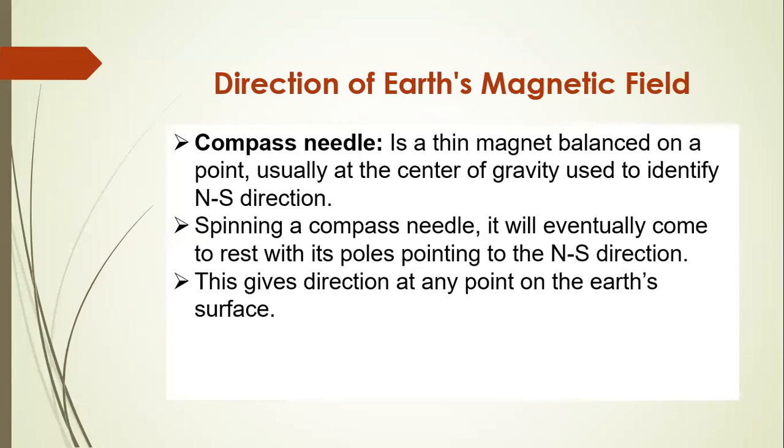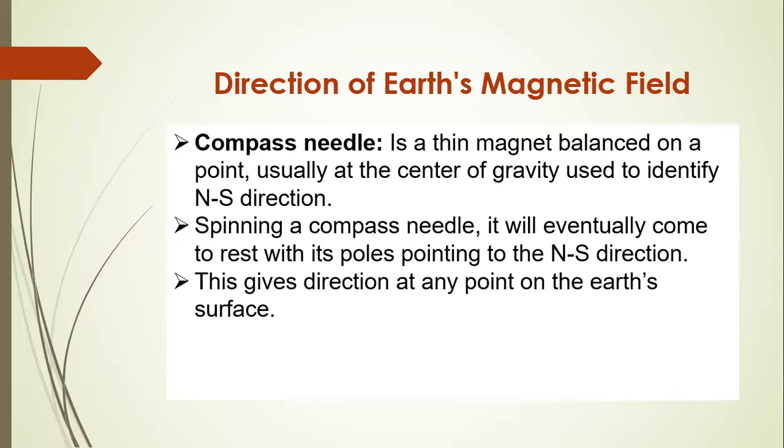Now let's see the direction of Earth's magnetic field. Talking about the direction of Earth's magnetic field, we'll be discussing the compass needle. What is a compass needle? It's a thin magnet balanced on a pointer, usually at the center of gravity, used to identify the north-south direction.